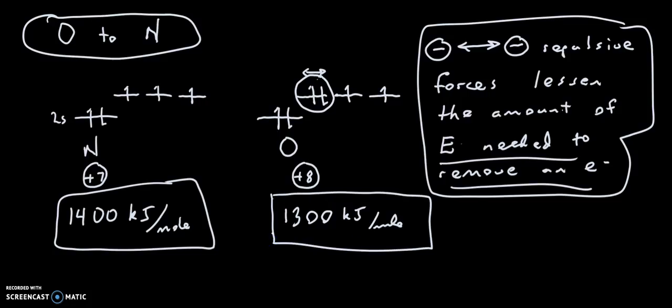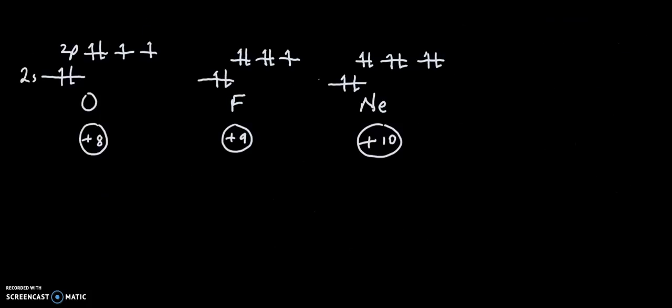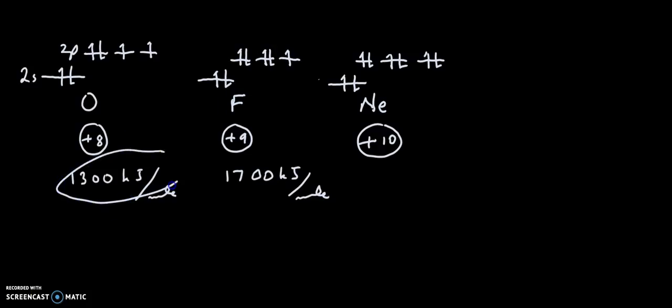As we move to the next element to the right on the periodic table, from oxygen to fluorine, fluorine has an additional pair of electrons in the 2p sublevel. However, we see that the ionization energy continues in an upward pattern. As we go from oxygen at 1300 kilojoules per mole to remove an outer electron, to fluorine, it's up to 1700.